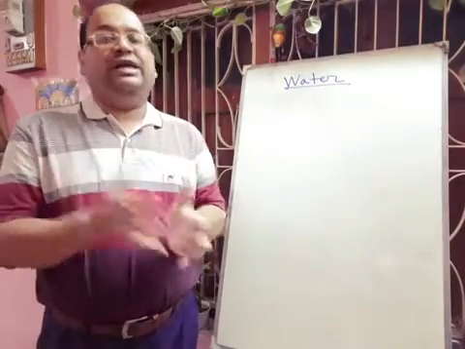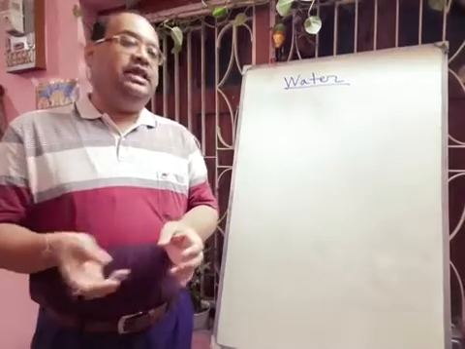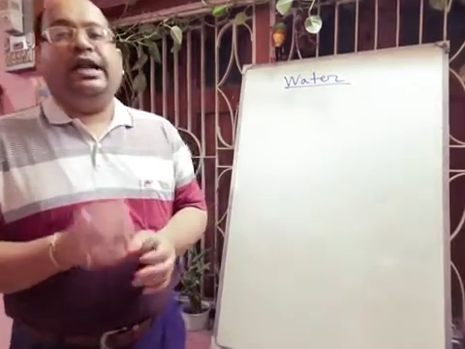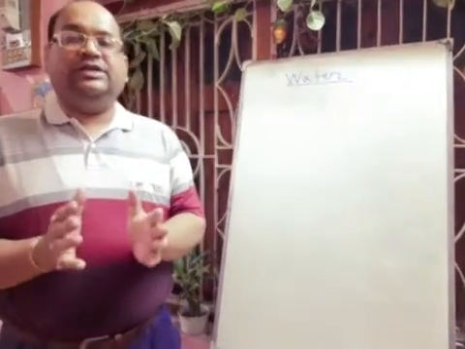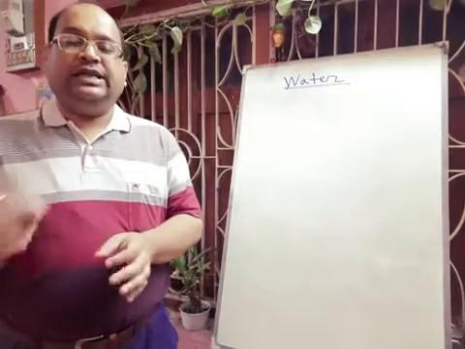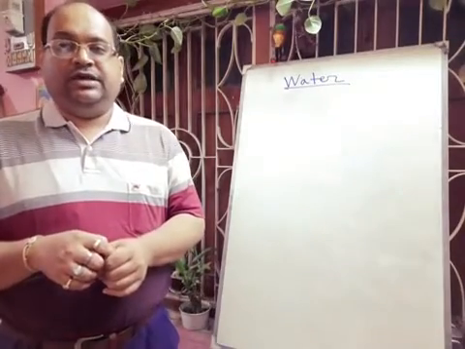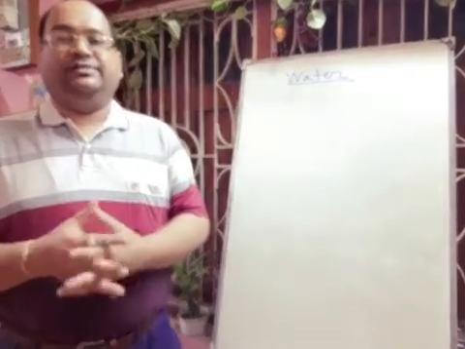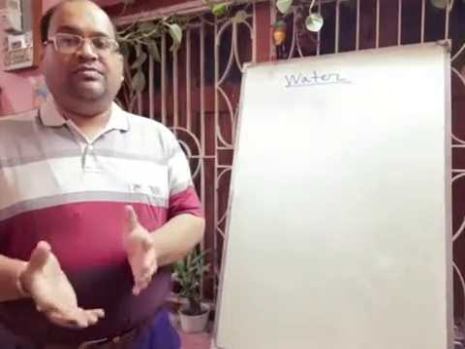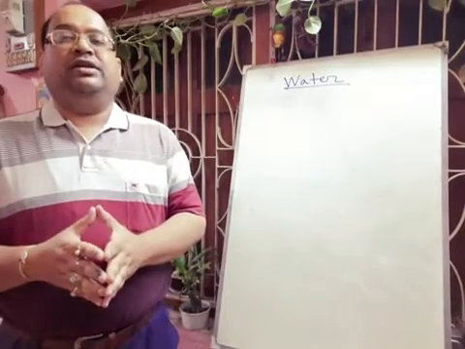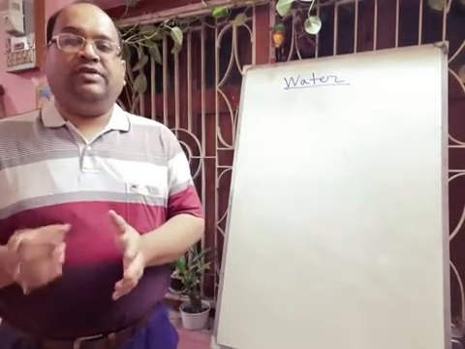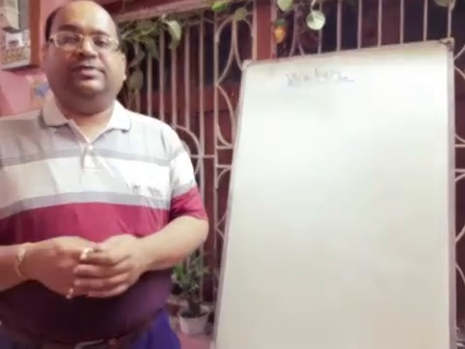First we have to weigh that particular china dish. Then you pour 100 ml of clear saturated solution inside this dish. And then again you weigh the solution plus the china dish, and you note down this weight.